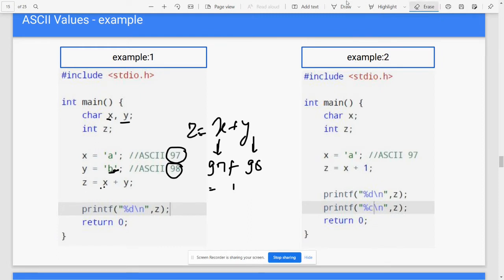Whatever operations you are performing, it will do the same operation on the ASCII values of those particular characters. It will not just add the characters. At the end, it will get an integer output, so whatever the value is, it will be an integer. Okay, so I think 195 will be the value.